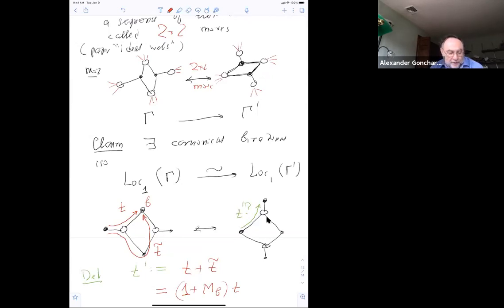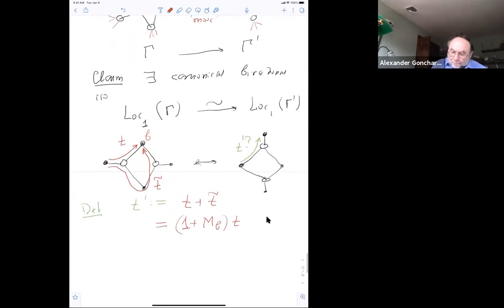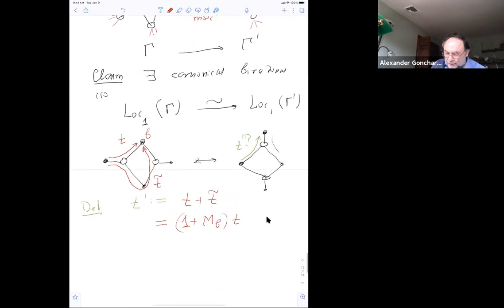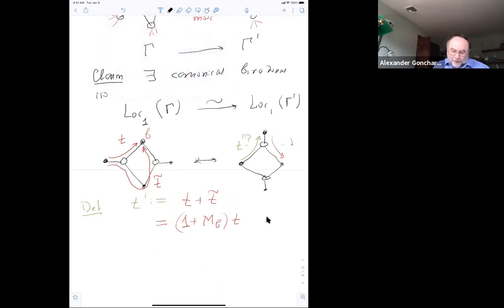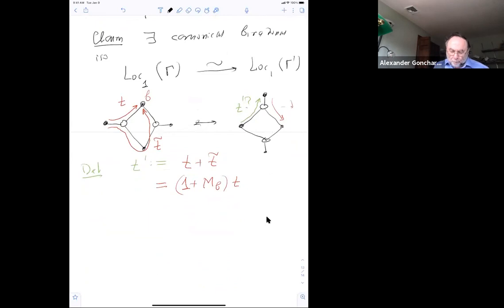But I also need to give you complete formulas, because I showed you an example, but if you think the same thing will happen with a transformation like that, it's not quite true, so this will be different. Let me first give you an actual correct definition, and then state the theorem about this.